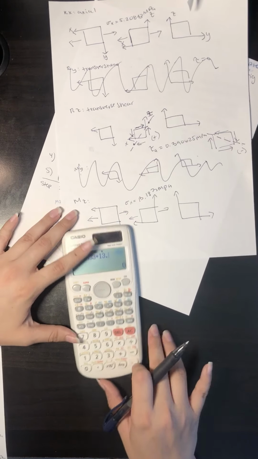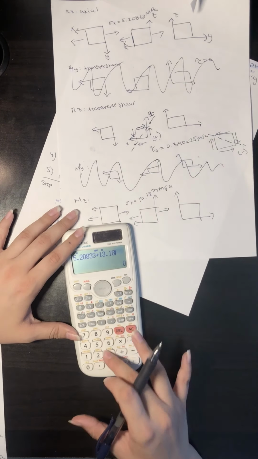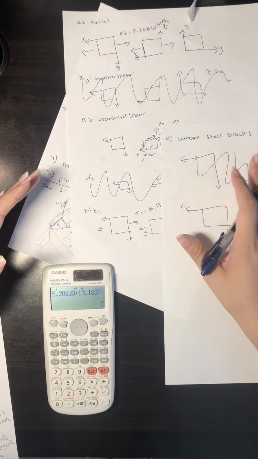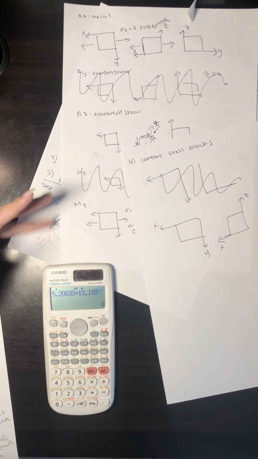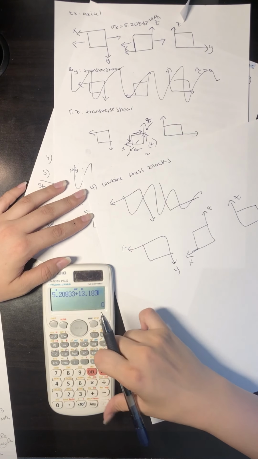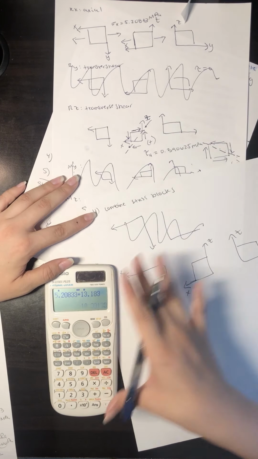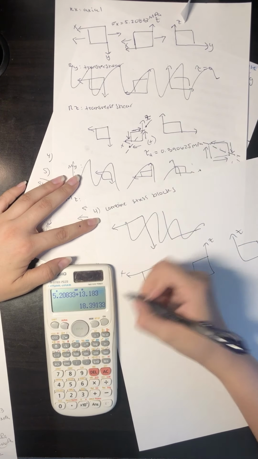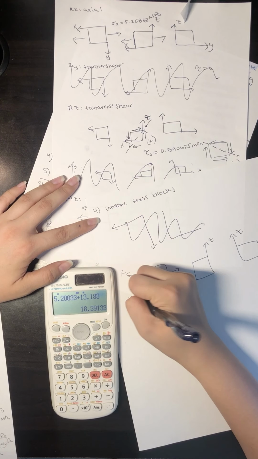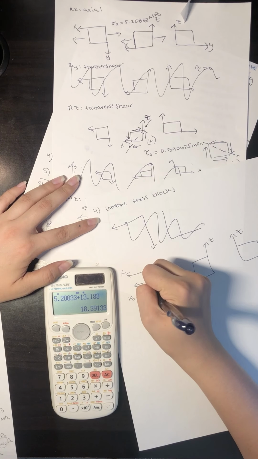They're both positive because they're both in tensile stress, not compressive. If one was compressive, we'd subtract them. Compressive means negative and tension means positive. This gives us positive 18.39133 megapascals.